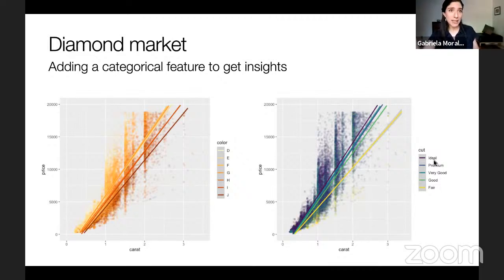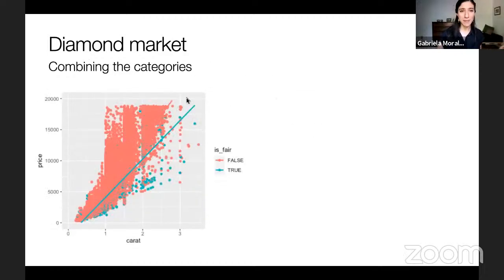Make a new one that will be answering the question, is the cut fair or is it not? And for each one of the diamonds, if it's a yellow one, if it's fair, it will be true. And if it's something else in the cut, it will be false. So if you do that and you graph this again, now you will have the colors be, if it's fair, it will be true and it will be this teal color.